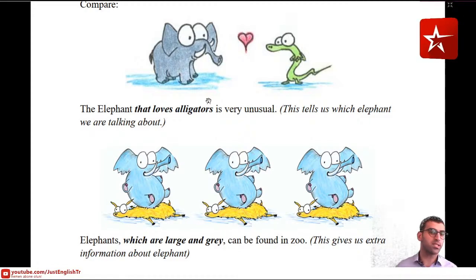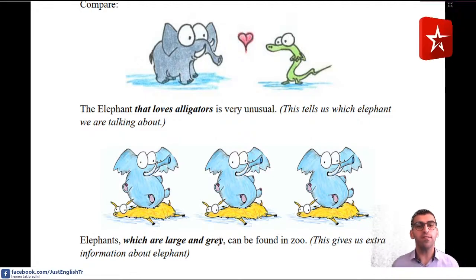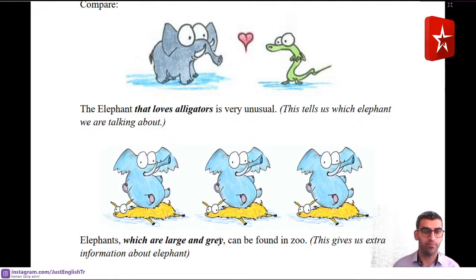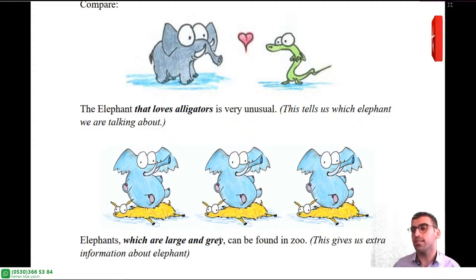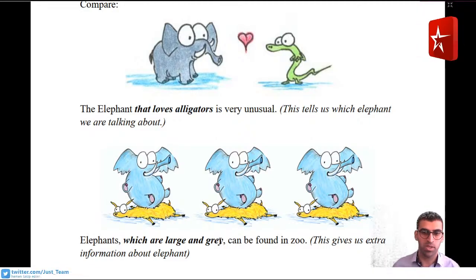This gives us extra information about elephants. So if we remove this part from the sentence, it will make sense again. So elephants can be found in the zoo. Okay, this is a complete sentence and it has a meaning. But if we use which are large and gray, we add additional information, extra information we are giving to someone or to something.